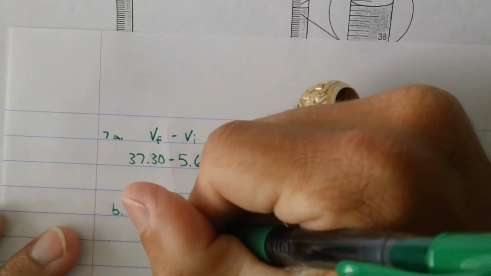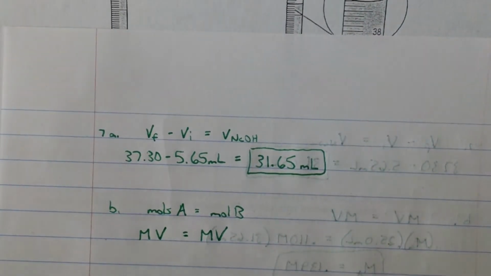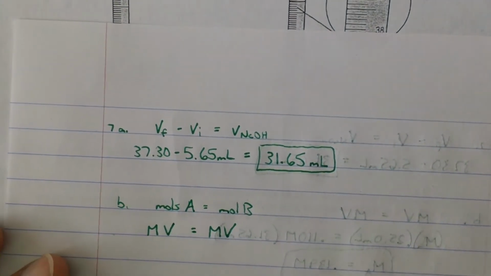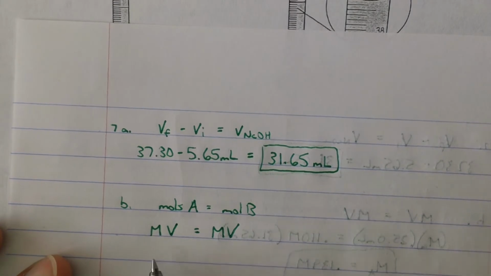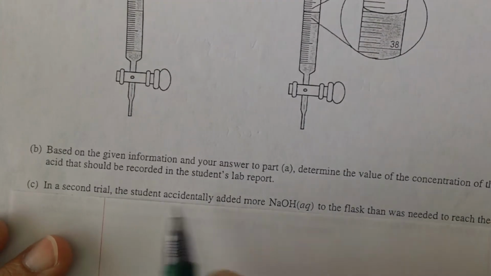Molarity and volume of the acid will be equivalent to molarity times volume of the base. Molarity times liters gives us moles, and so moles equal moles is what we're after here at the equivalence or endpoint.